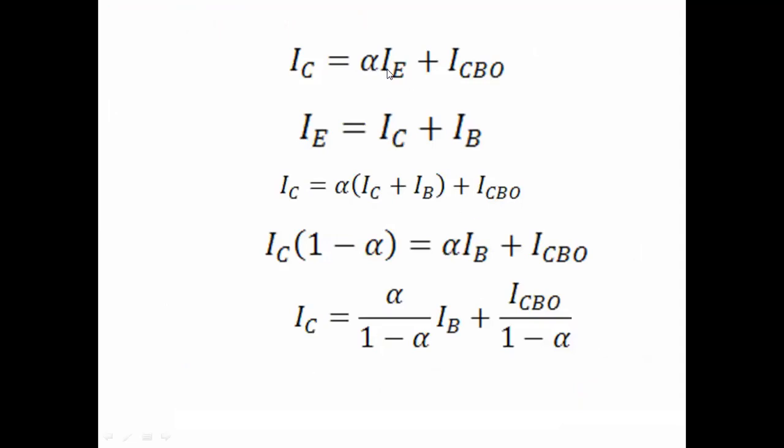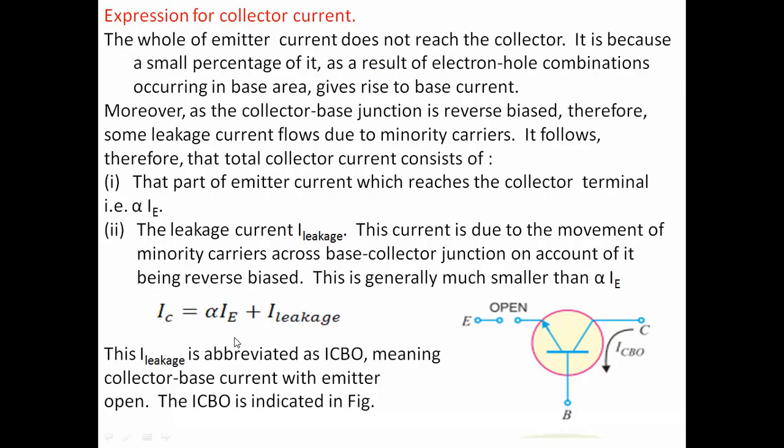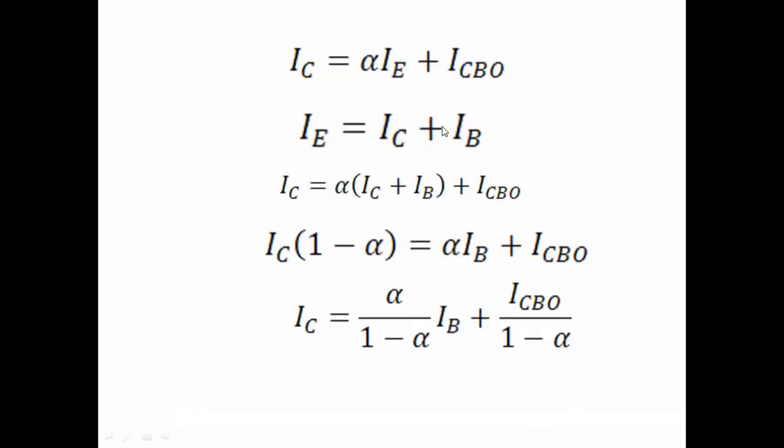Substituting ICBO in place of the leakage current, IC equals alpha IE plus ICBO, and we know that the emitter current IE equals IC plus IB. Substituting this IE in the equation, we get IC equals alpha into (IC plus IB) plus ICBO.